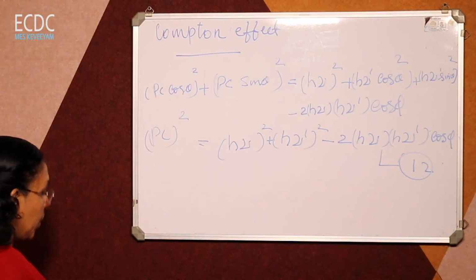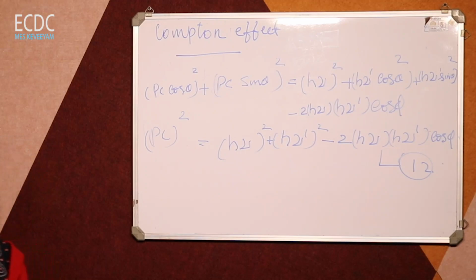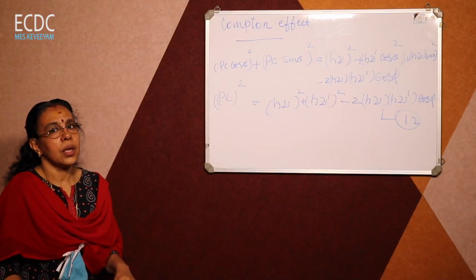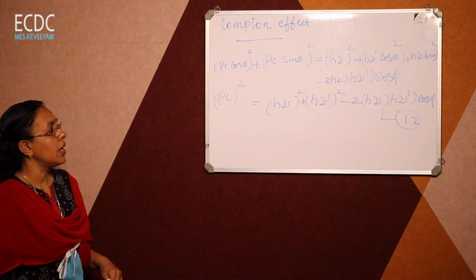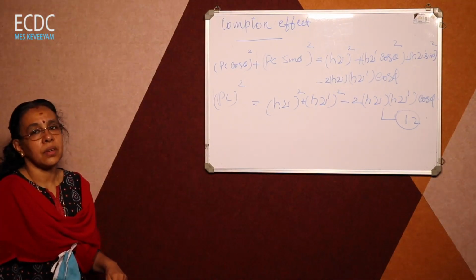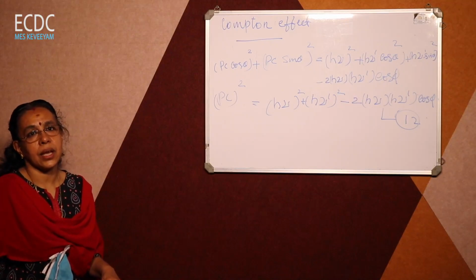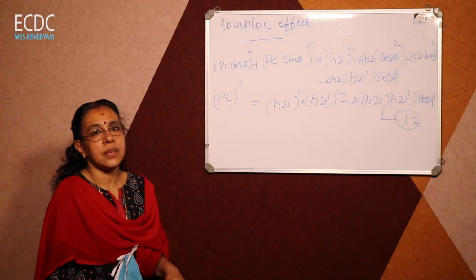Next, again take the photon and the electron. The photon is moving with the velocity of light because it is a quanta of light, so we have to consider the relativistic effect, that is, the expression for the energy in the relativistic case.